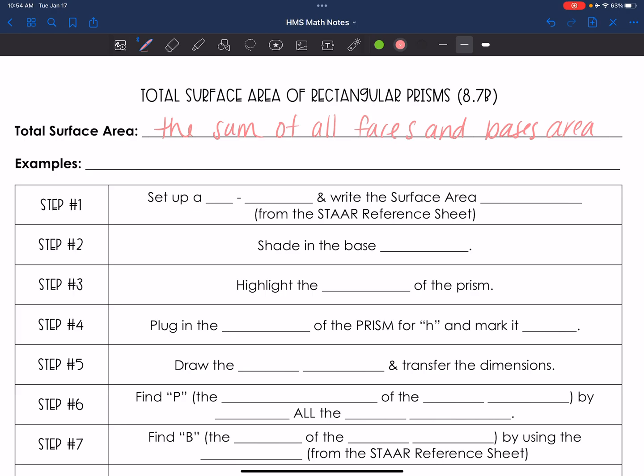Some examples would include wrapping a present that's in a box. So let's say present box. Or like the wood of a toy chest.